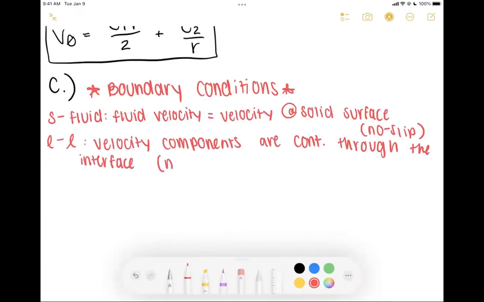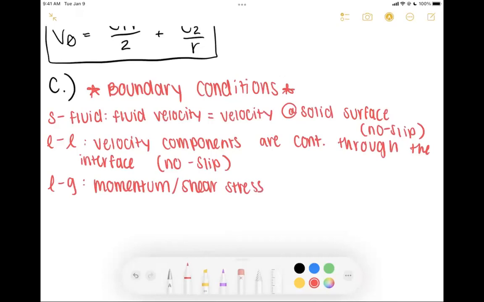It's another way to write the no slip condition. And then last but not least is the liquid-gas interface, where the momentum or shear stress is assumed to be 0.